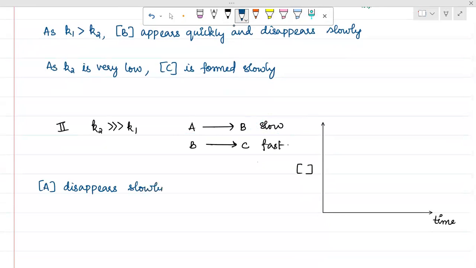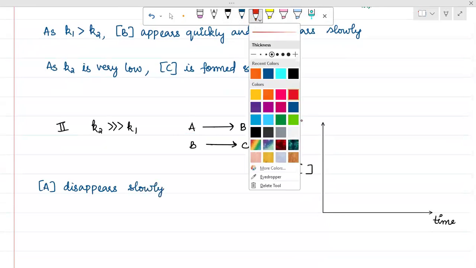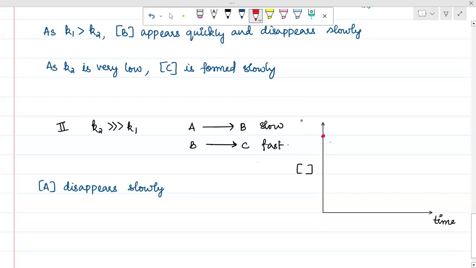Earlier we saw that it disappeared quickly. Earlier when it was quicker, it was very close to the y-axis like this. This is the case when it is quick. When it is slow, it is farther away from the axis. It is a slow decrease.